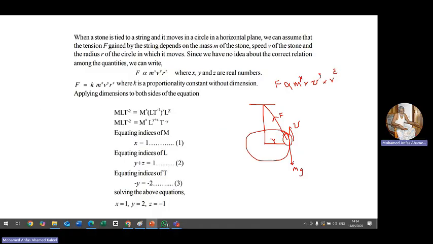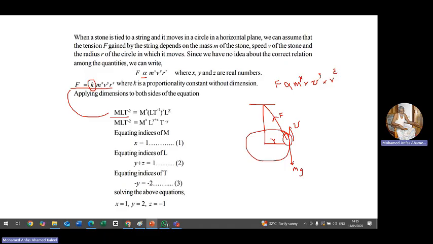To remove the proportional symbol, we multiply by a constant, let's say K. Then the equation is F is equal to K into m to the power x, V to the power y, R to the power z. By equating the LHS and RHS, the dimension of force is MLT minus 2.